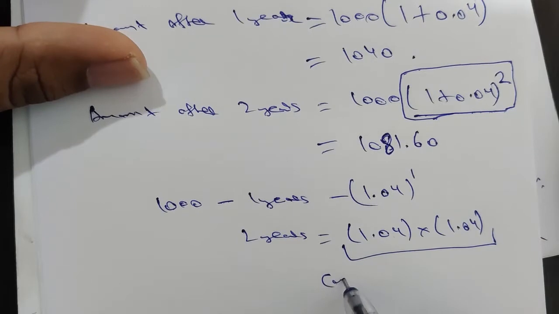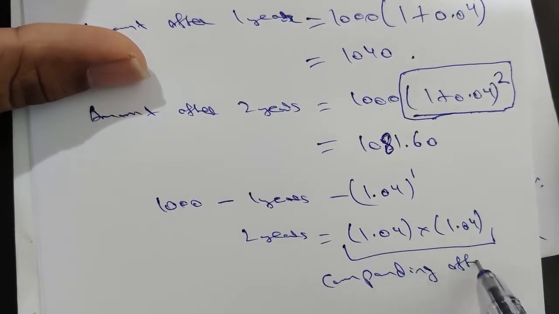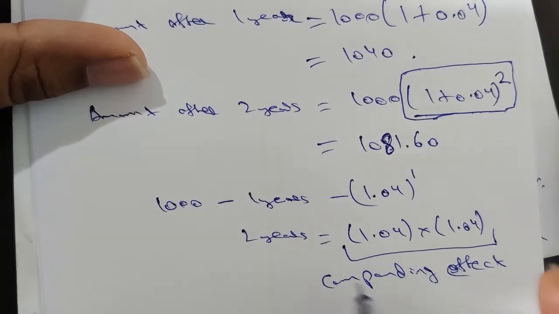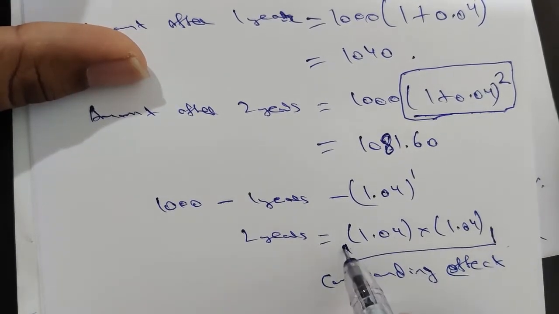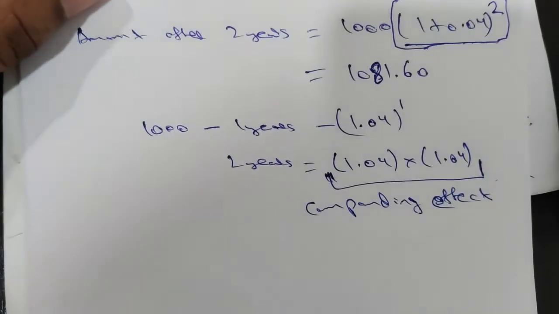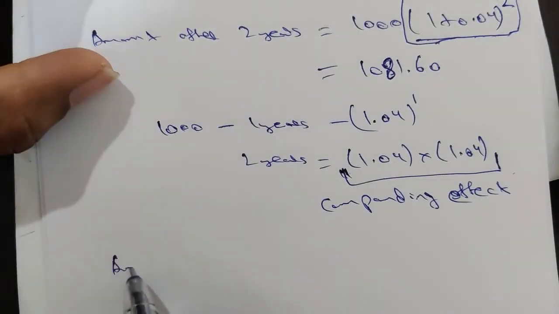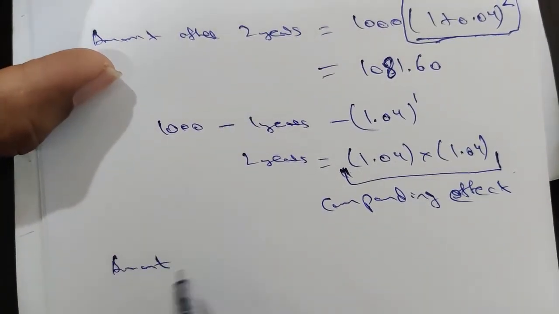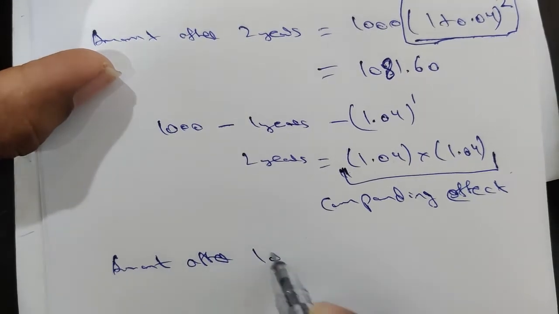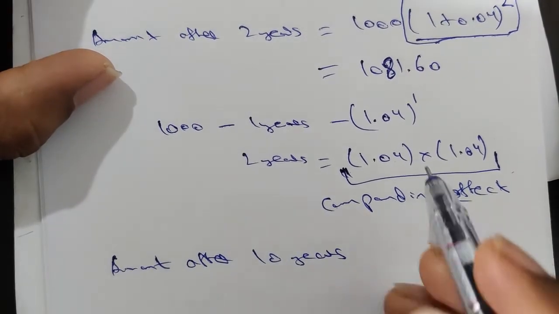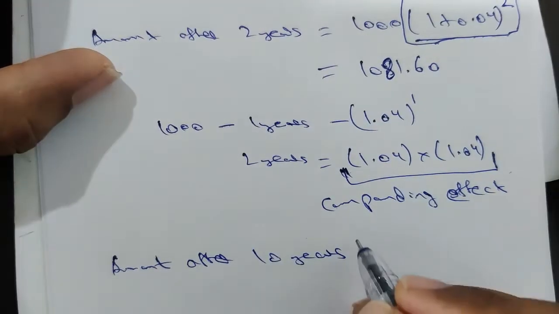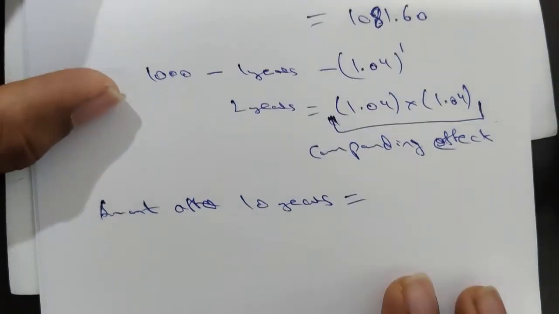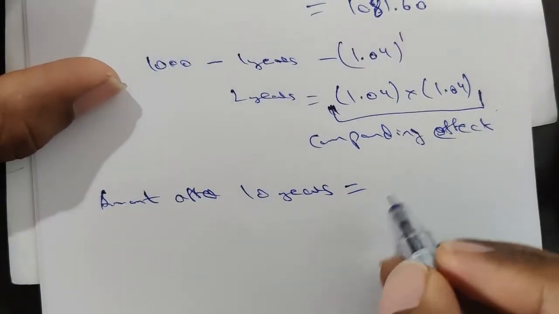So this compounding effect is the only difference between your simple interest and your compound interest. Now amount after 10 years. The reason for which we use the formula is because computing 10 years using the erstwhile simple interest and changing principal concept would have been difficult.